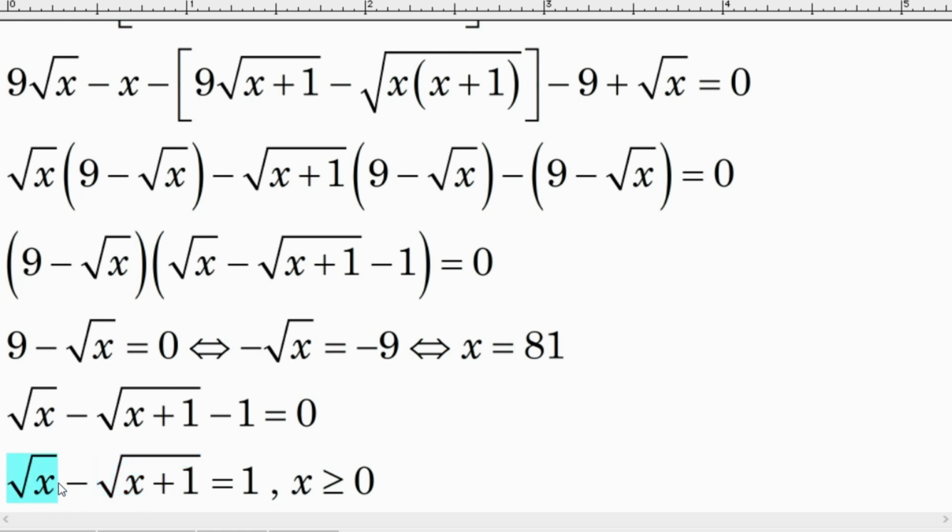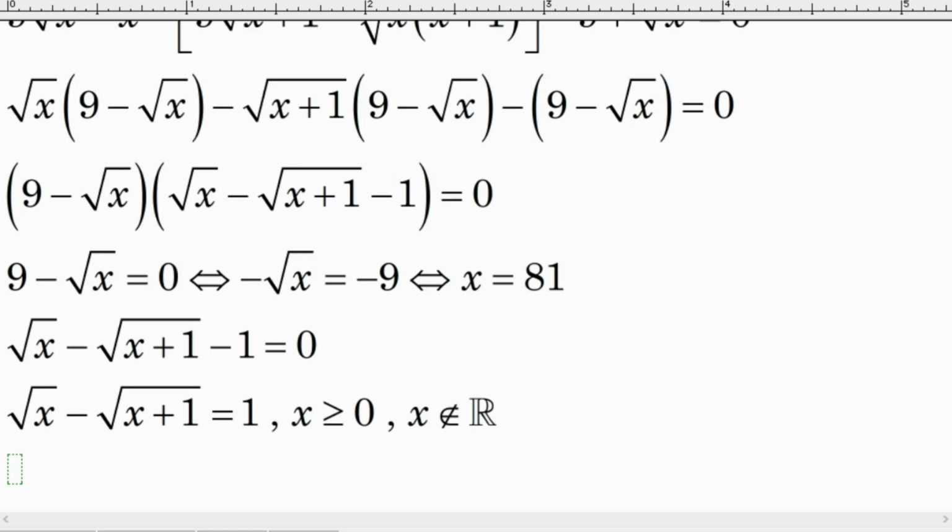So a smaller number minus a greater number cannot possibly be equal to 1. Then this equation has no root in real numbers. Okay, so then we don't have to solve it. We just write that x does not belong to the real numbers.